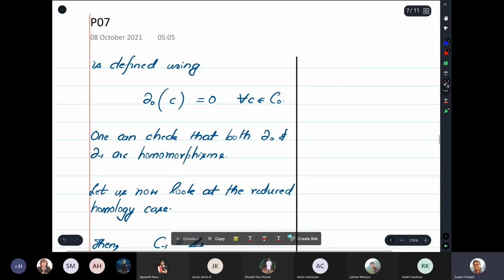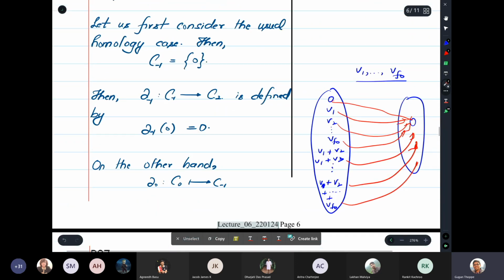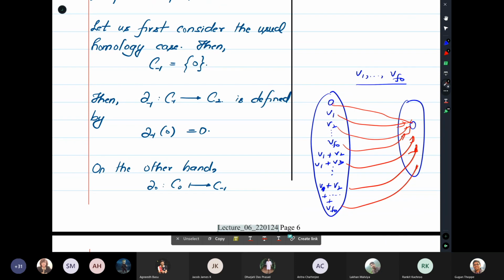So let me pause here for a second or two. If there are any questions with regards to how we define ∂0 and ∂-1 in the usual homology case, please ask. Do you have any questions with regards to the way we define this? Please let me know. Whatever be your questions, please feel free to ask.